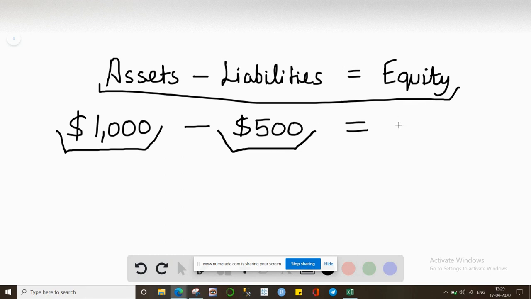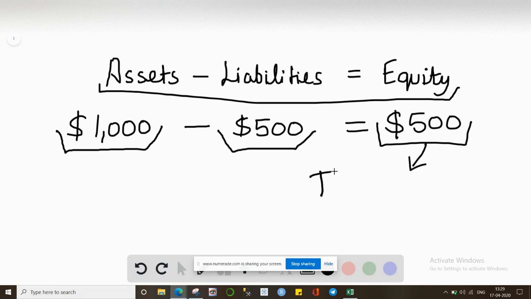So what is the amount which we will actually be able to draw from the business, for our personal expenses or some other type of expenses apart from our business? That is $500. Very literally, this is the amount.